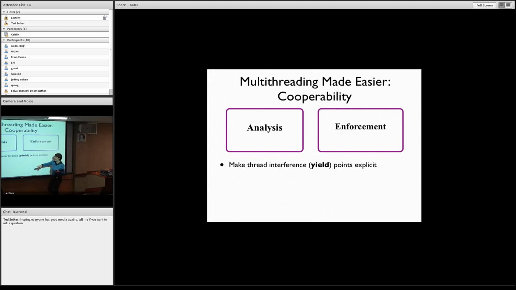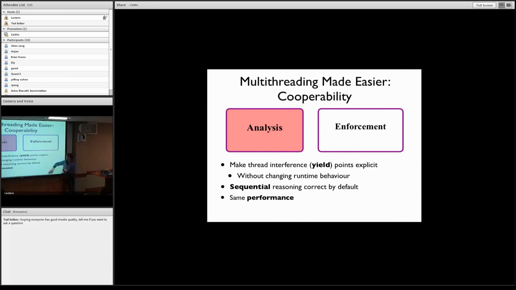So we could develop an analysis tool where you feed into it your program with locks and whatever else, and a bunch of yield annotations. And the analysis will say, yes, this completely summarizes the thread interference in your program, or no, it doesn't. The other way, the cooperative multi-threading way, is to have a scheduler that changes the behavior of the program and ensures that you only context switch at yield points, or else the behavior is equivalent to a program that does that.